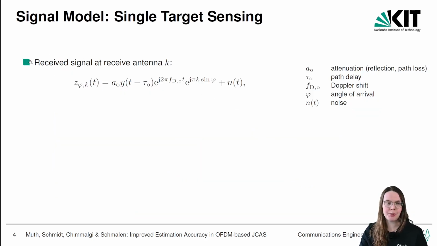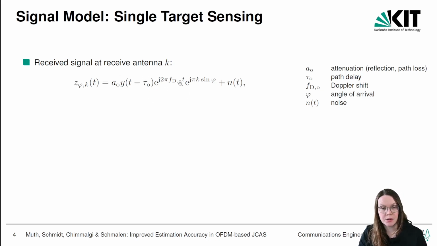So in our signal model, this means we have a receive signal at each antenna K, which is subject to attenuation, for example, from the radar cross-section, so the attenuation, but also the path loss. Then this epsilon here is our transmit signal, and we get some time delay.